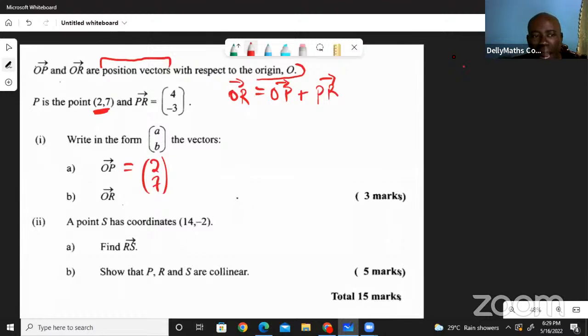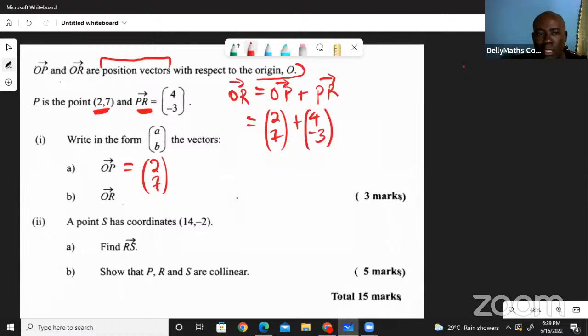We're ending at R, OR. So OR is OP, the same direction, so we don't have to change anything, plus PR. And we have PR in that same direction from P to R, so we have 4, -3 coming here.